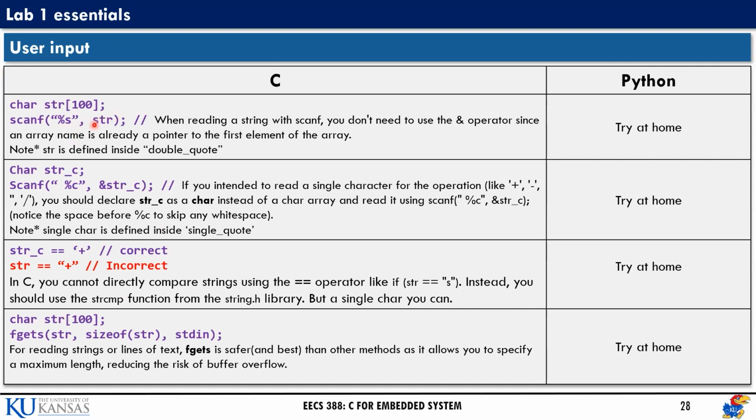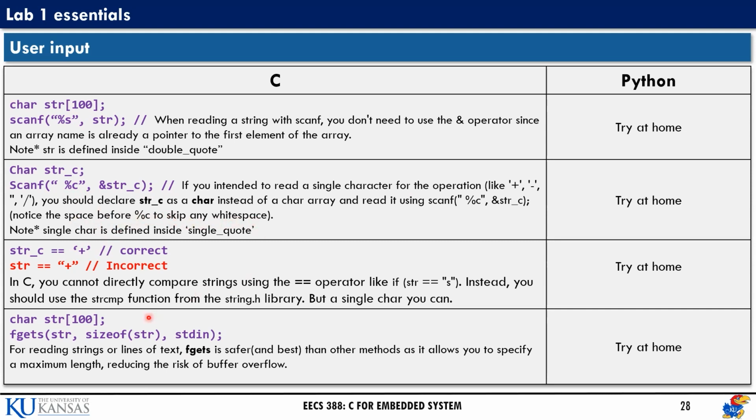If the user provides input that is more than this size, you will get an error. Here, we declare this variable as a single character, that is just 1 byte or 8 bits, and you can see we have to use a space before this %c, because that's how it works. This space before %c skips any white space.